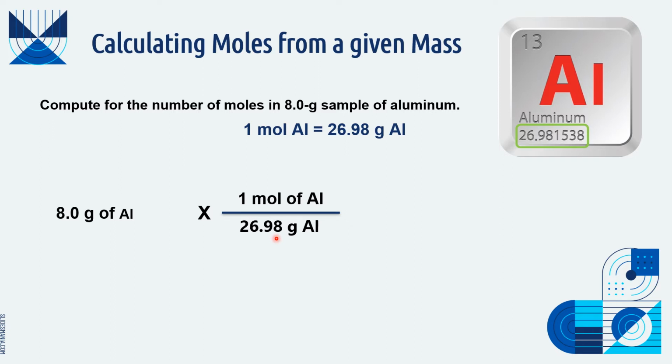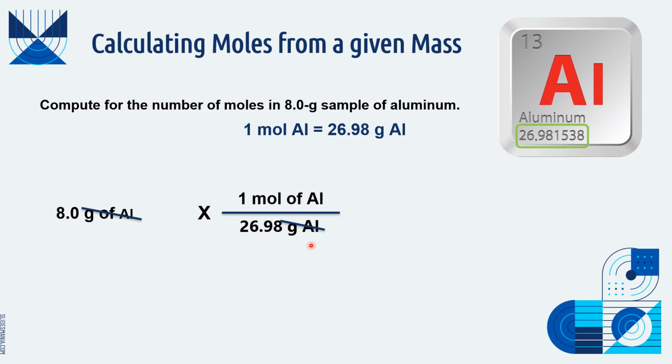Or, to make it simpler, just 8.0 divided by 26.98. Once we do it, we can cancel the unit gram.